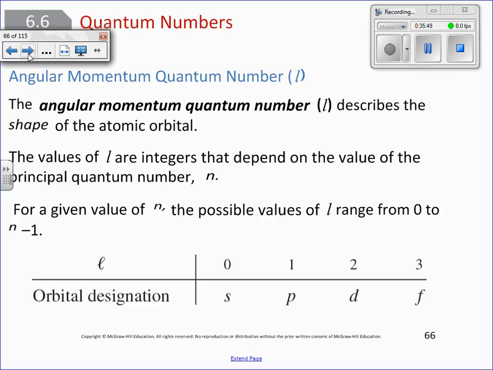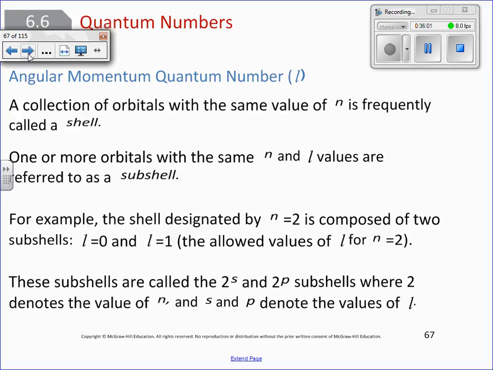So there's 2 of our quantum numbers. A collection of orbitals with the same value of n is called a shell. You may have heard it. These are called subshells.